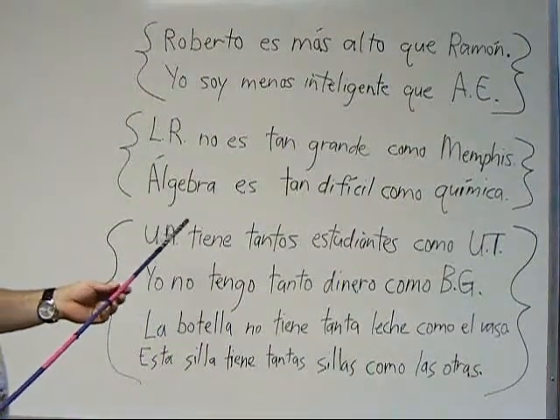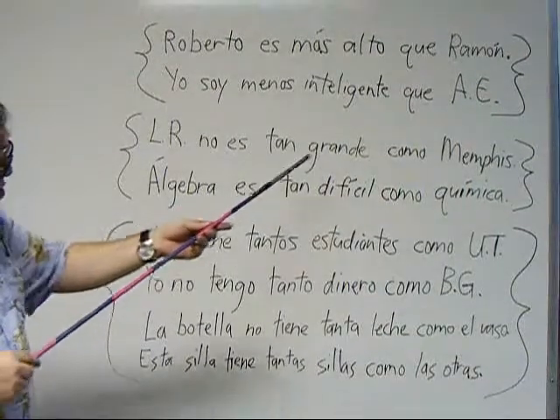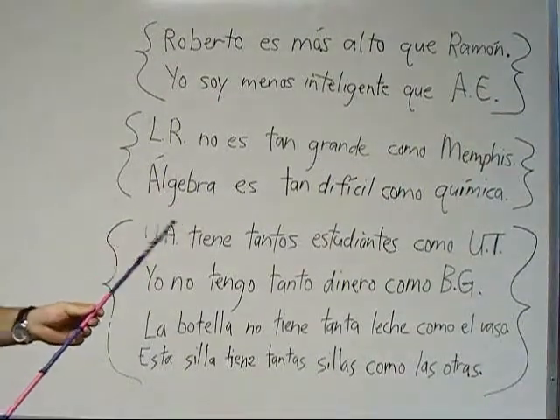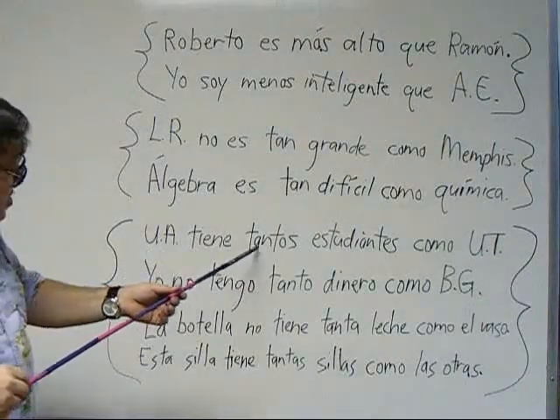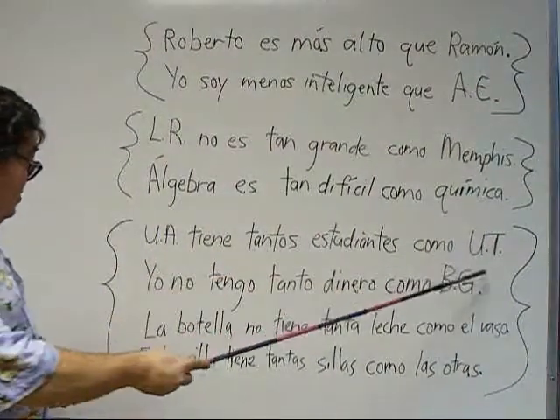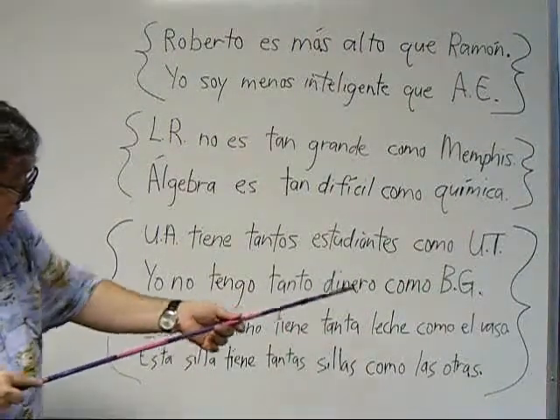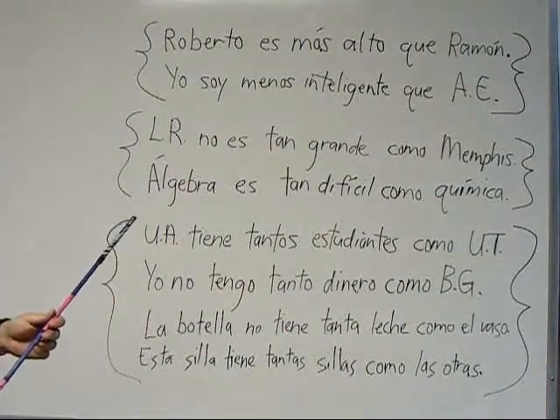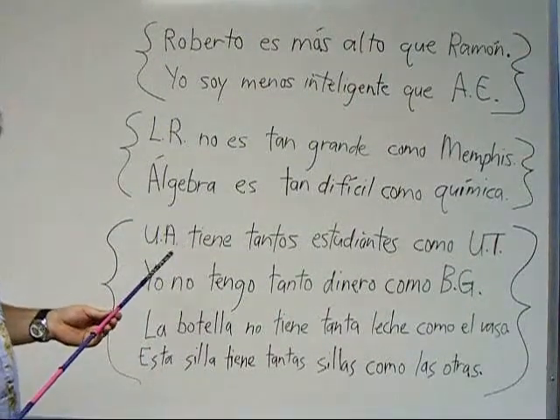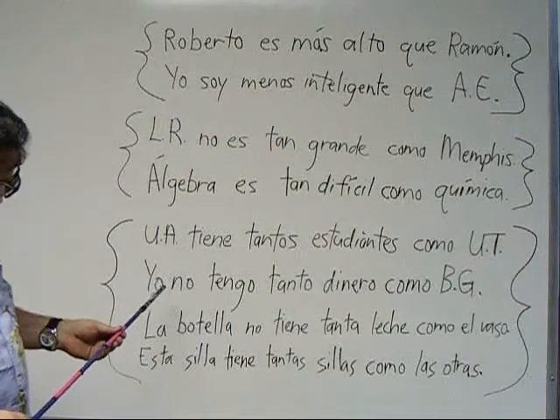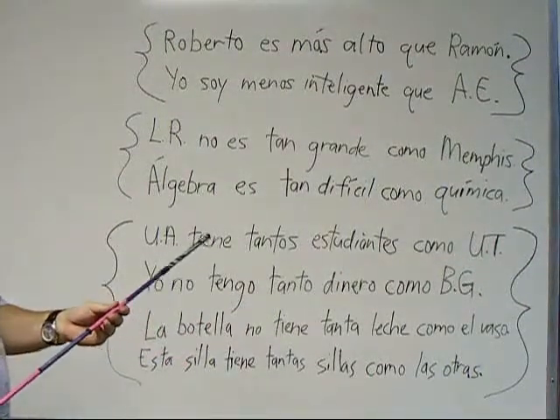Now, this is similar to the one above. Tan means so and como means like. So for example, this first one really is saying UA has so many students like UT. And the second one is really saying I do not have so much money like Bill Gates. But even though that's literally what they're saying, it gets translated something like, usually, I do not have as much money as Bill Gates.